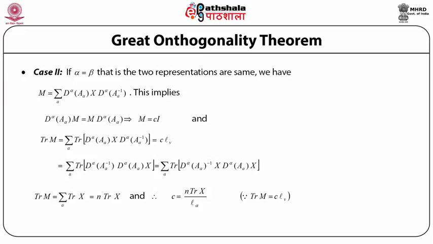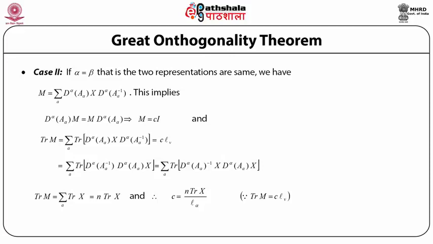Now what is the trace of M? M is C times a unit matrix. So trace of M is C times the dimension of the unit matrix, which is equal to L alpha.